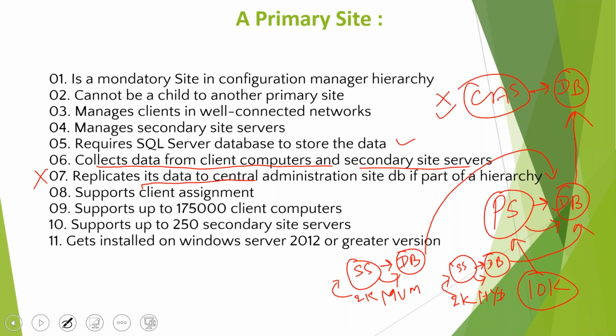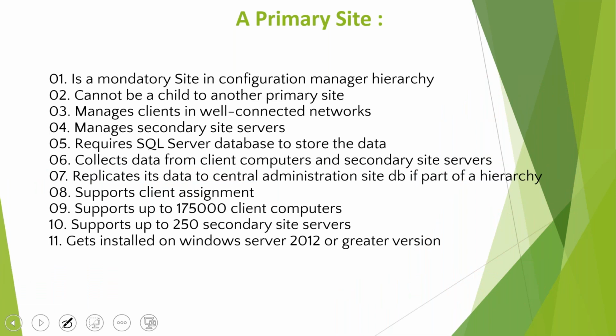Now, support client assignment. Yes, the clients are assigned to primary. Let's say the Riyadh 10,000 machines are there. All of them will be assigned to the primary site server. Supports how many client computers? Total 175,000. This number is the total from Riyadh, from Mumbai, from Chennai.